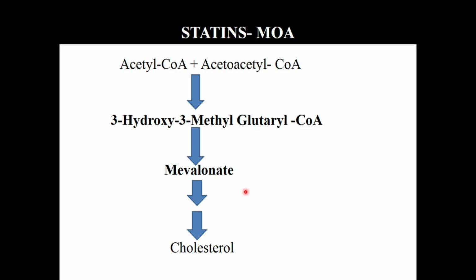Now, this is the mechanism of how HMG-CoA reductase works. First, acetyl-CoA plus acetoacetyl-CoA are acted on by HMG-CoA synthase to become 3-hydroxy-3-methylglutaryl coenzyme A, from which mevalonate is formed through various reactions, and then it converts to cholesterol.